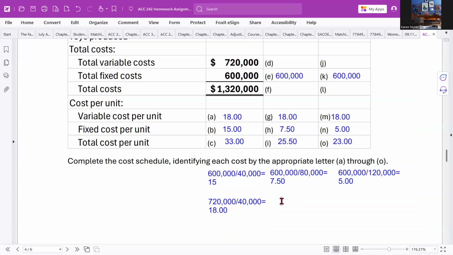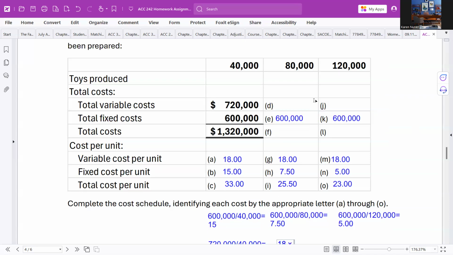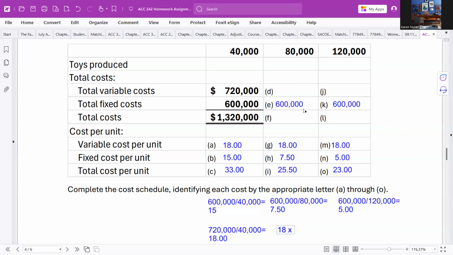So it's going to be $18 times, in this case, 80,000 units. $18 times 80,000 units will give us the variable cost in total at that activity level, 1,440,000.